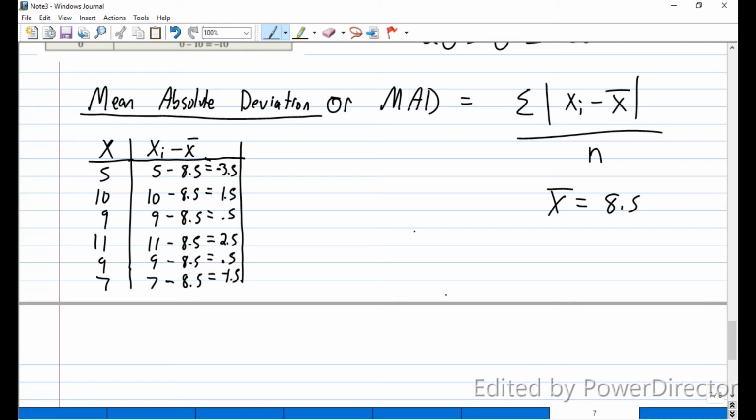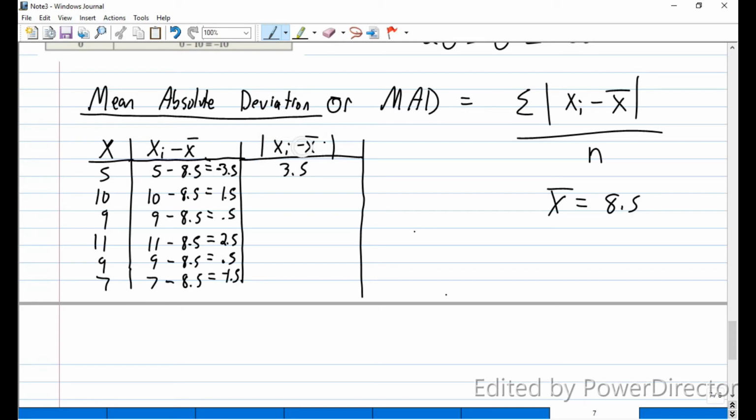But that's not what we're doing here. What we're going to do is take the absolute value of x sub i minus x bar. That just simply means that we make all of the answers that we got positive. I wrote my negatives here because I wanted you to see.